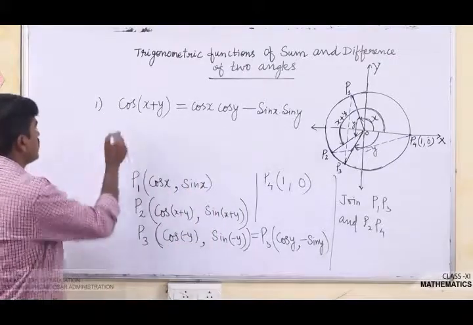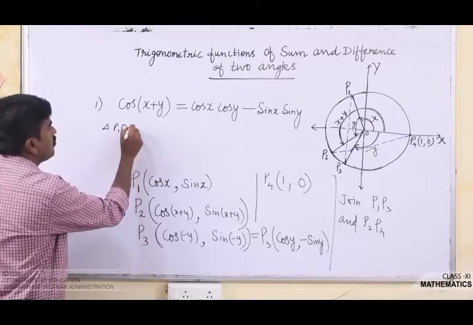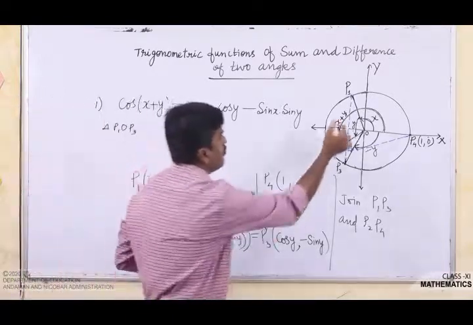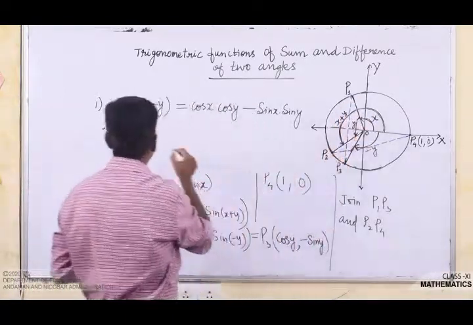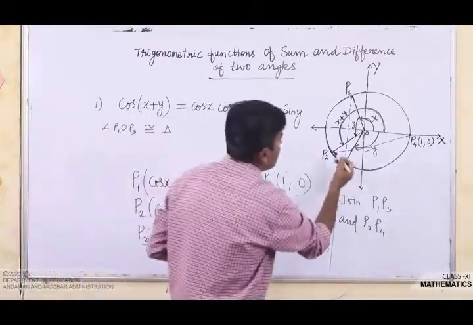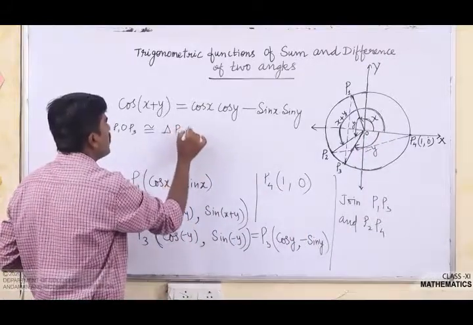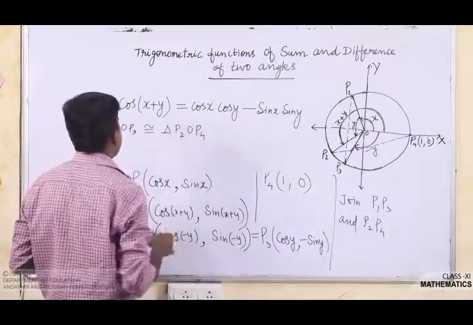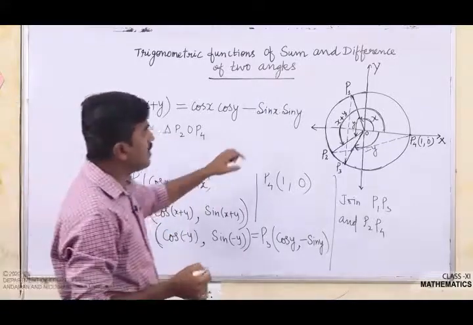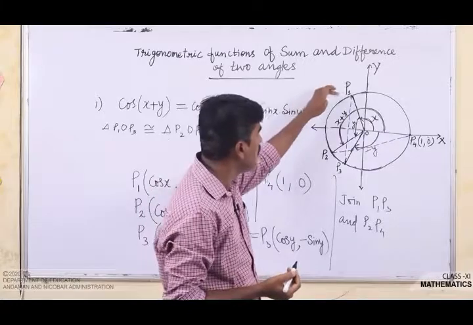Now, triangle P1O P3 is congruent to triangle P2O P4. We know that if two triangles are congruent, then the corresponding sides are equal.